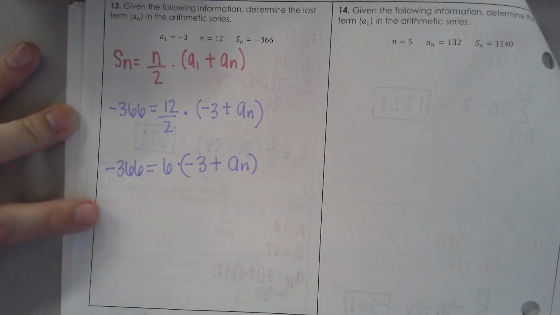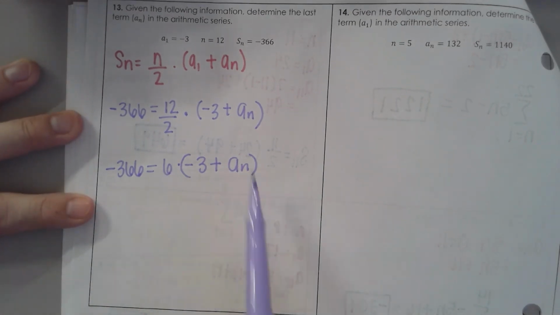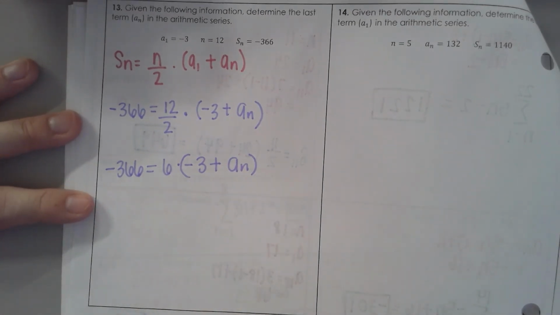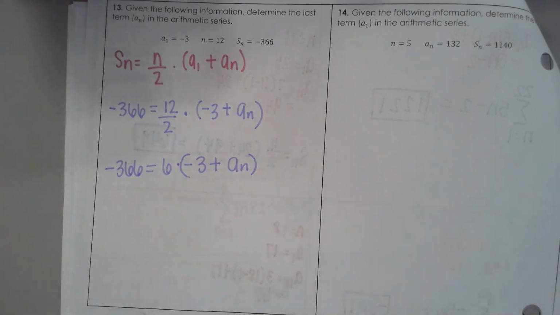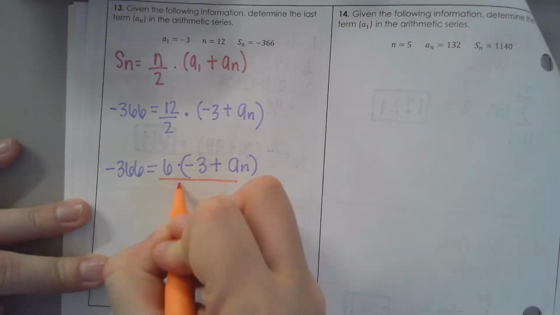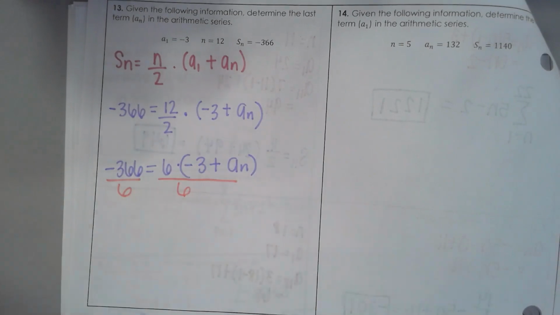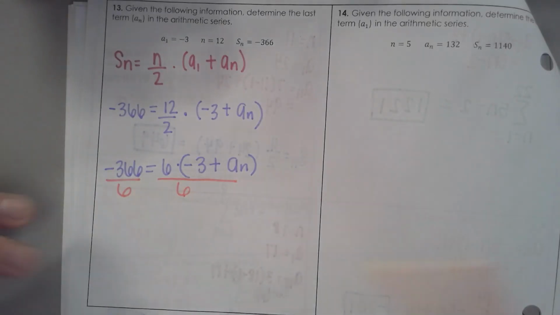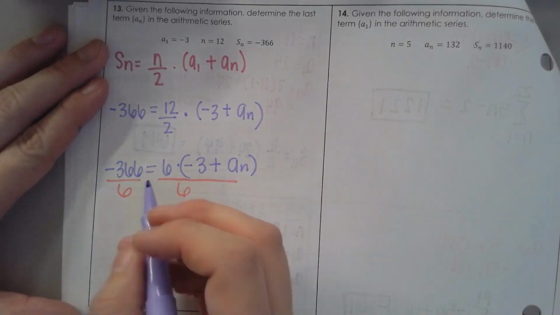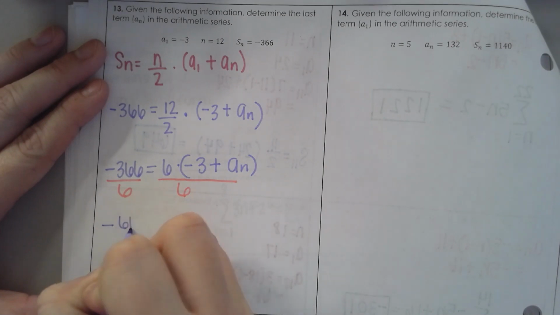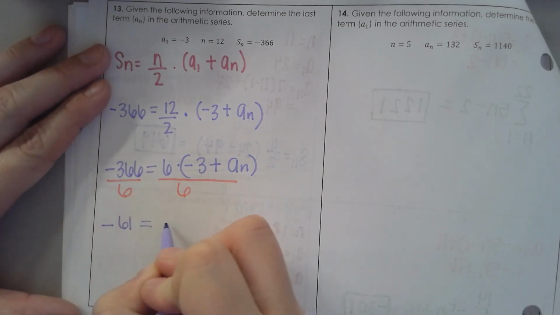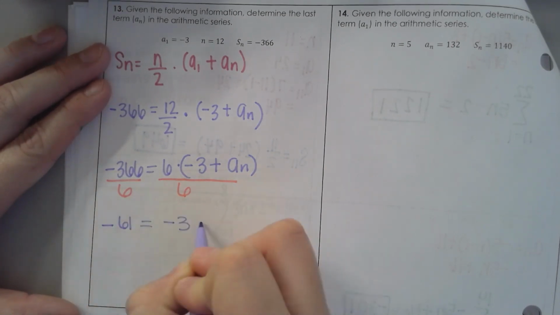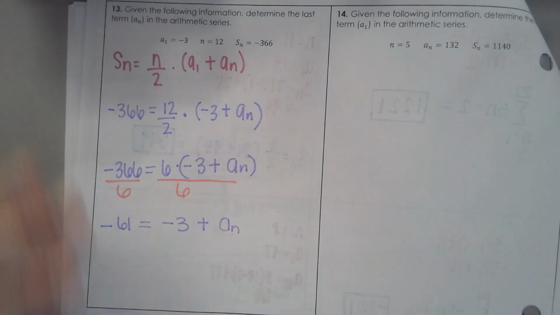You could do a few things. You could distribute the 6 if you wanted. I don't think that's necessary. Instead, I would just go ahead and divide both sides by 6. Negative 61 equals negative 3 plus an.